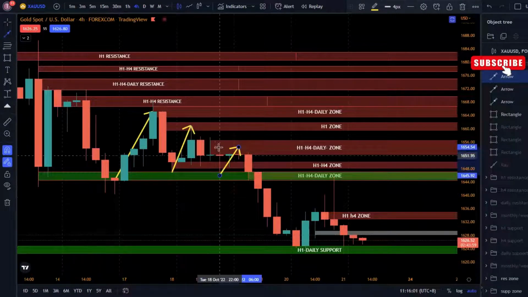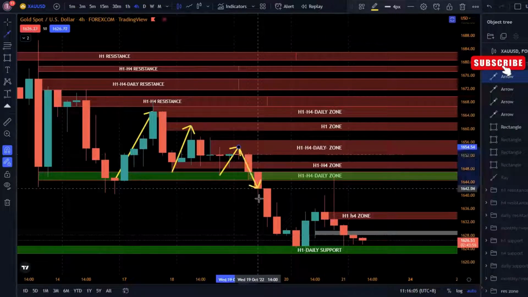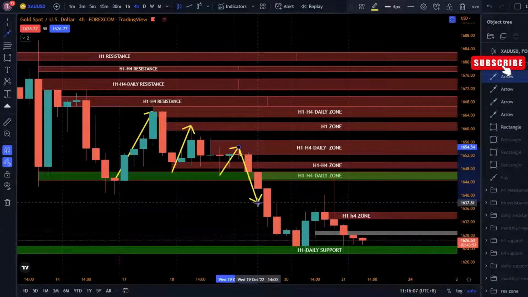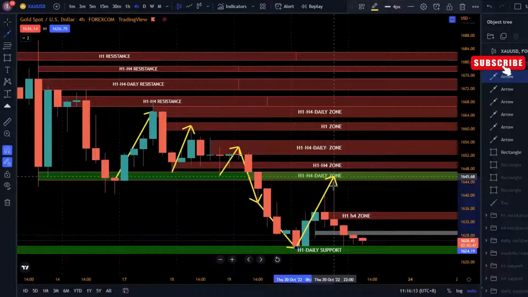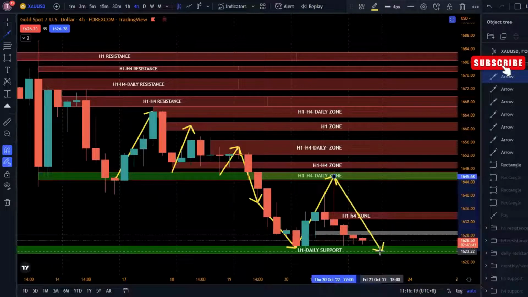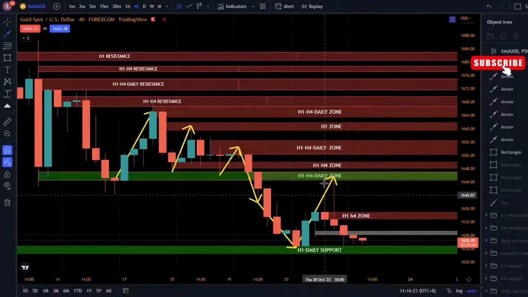But when the price goes down, it breaks. When this one breaks, then the price goes up to this level, to this zone again. This one becomes resistance. So this goes down. Okay, so that's very clear.